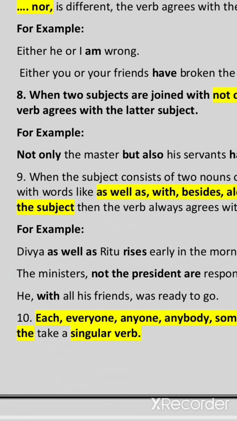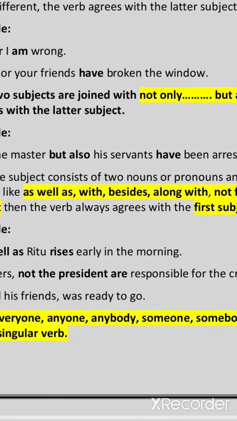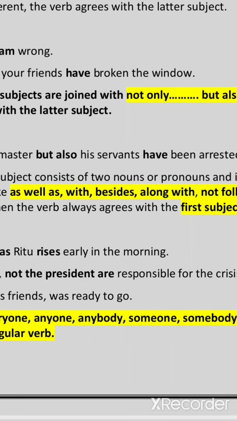Now moving to rule number 8. When two subjects are joined by not only but also, the verb agrees with the later subject. So when two nouns are joined by using the words not only but also, then also the verb agrees with the later subject, the one which came afterwards.